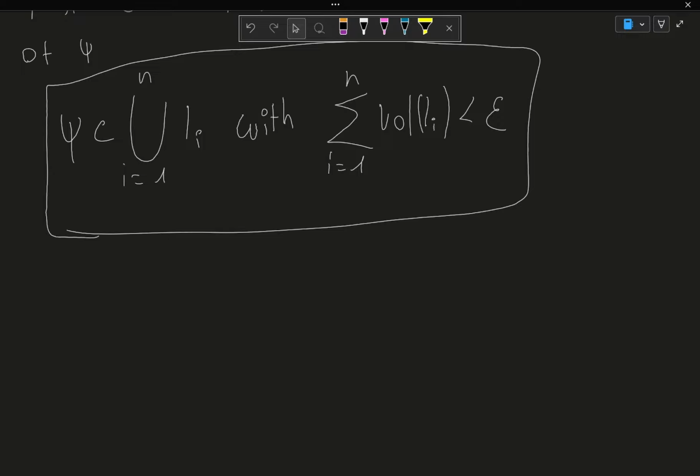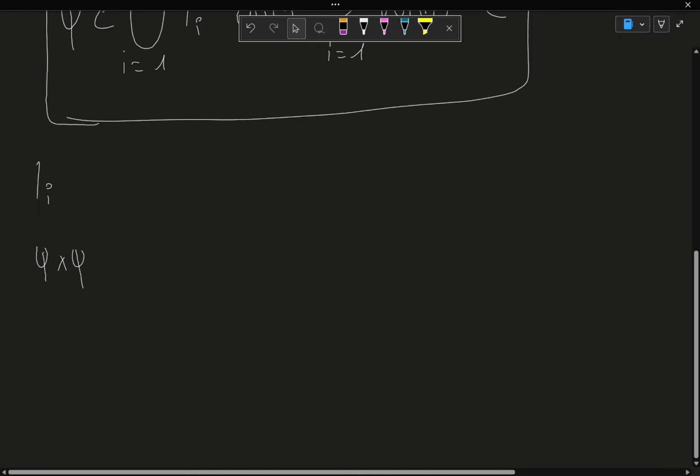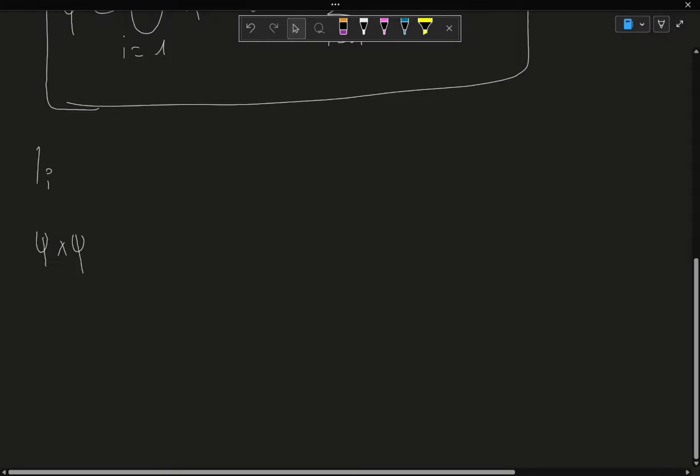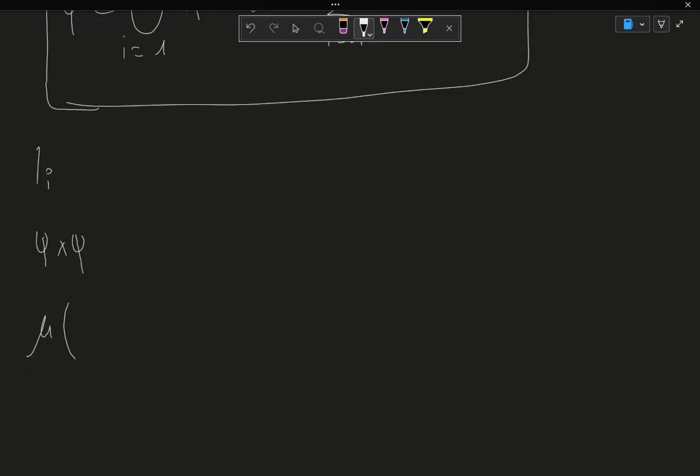So since I is a finite cover, we can write psi times psi, which is just the standard Cartesian product, using some mu of I_i times I_j, which are just two covers, defined as I_i times I_j.